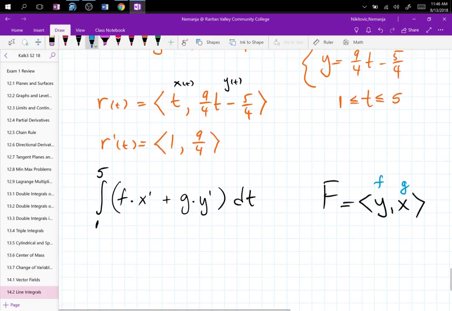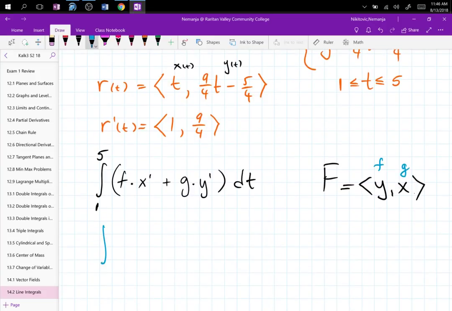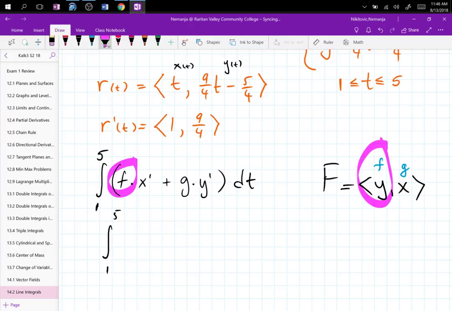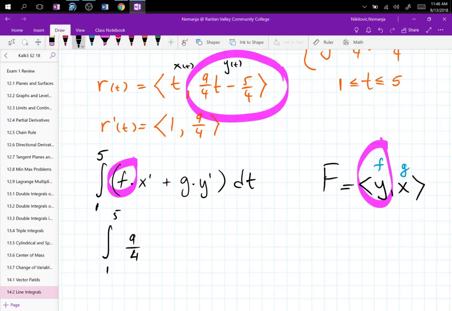So this becomes now the integral from 1 to 5, one more time, of f, which is y, in this case, which is this. So 9 over 4 t minus 5/4 times 1. That's here.